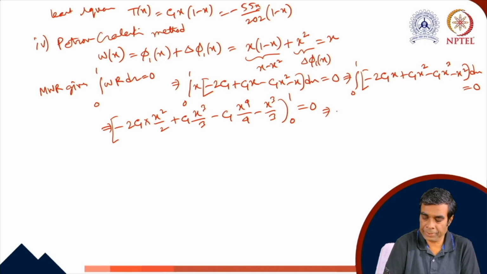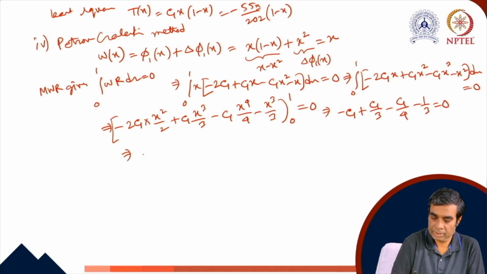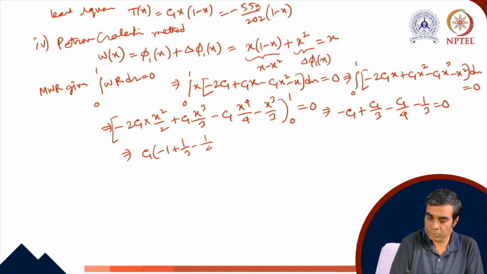From here, so 2 cancels, it gives us minus c1 plus c1 by 3 minus c1 by 4 minus 1/3 equals to 0. This gives us c1 into minus 1 plus 1/3 minus 1/4 equals to 1/3.